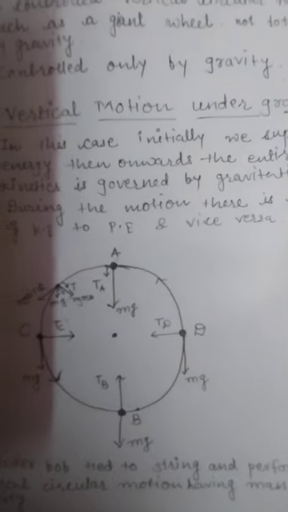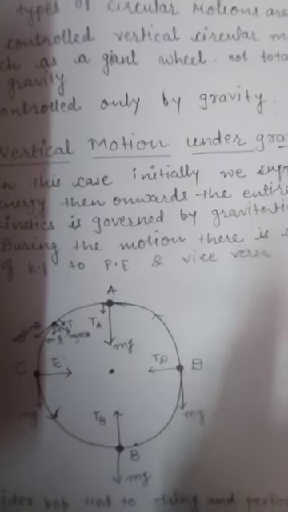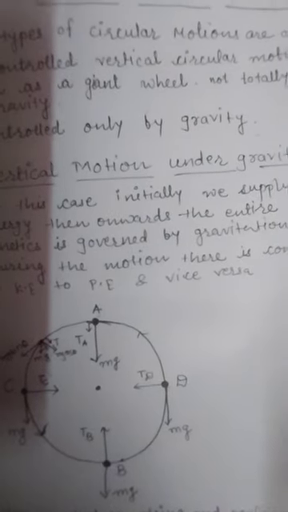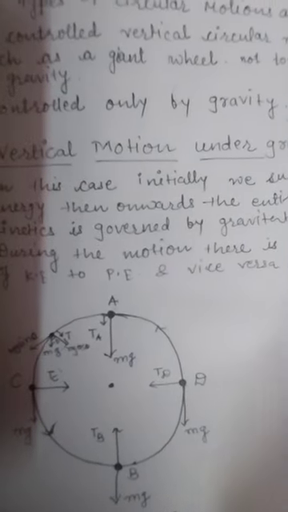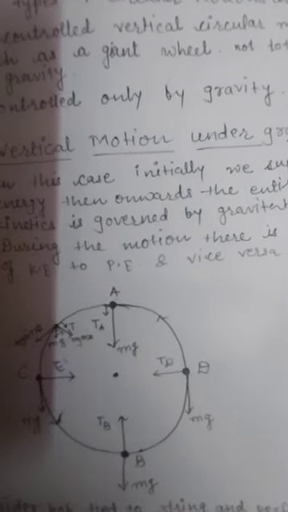Here, under gravity, we have to also consider the air resistance. Whatever initial energy we have given at position A will continue, if it is not lost due to air resistance. And it is under the control of gravity only.